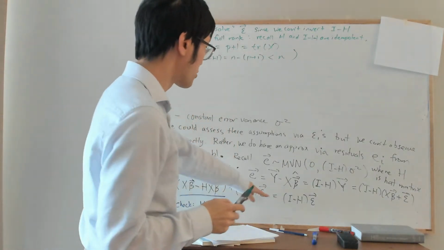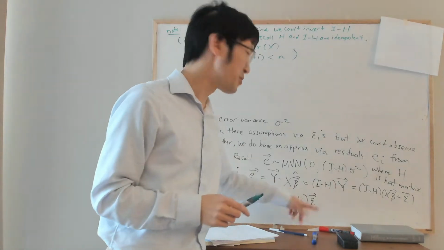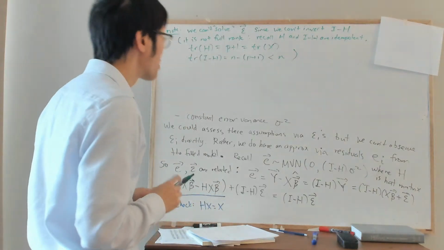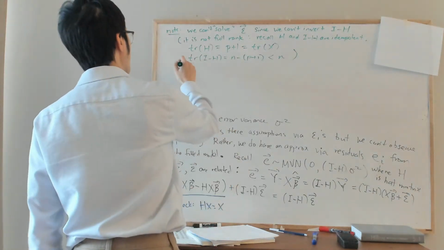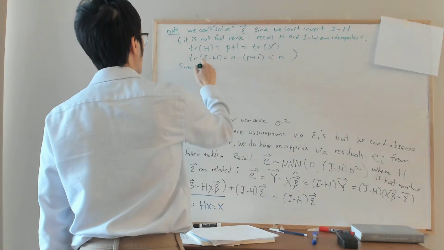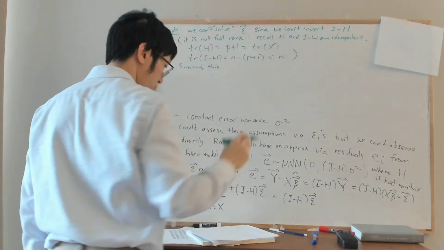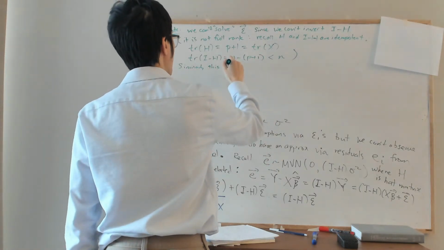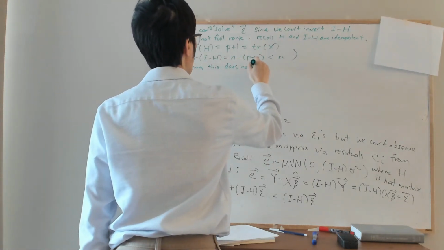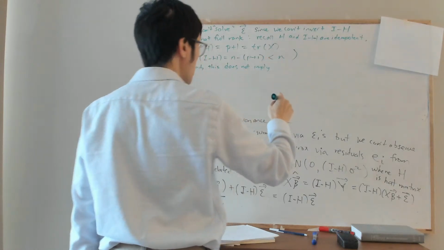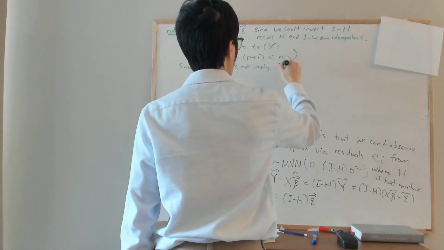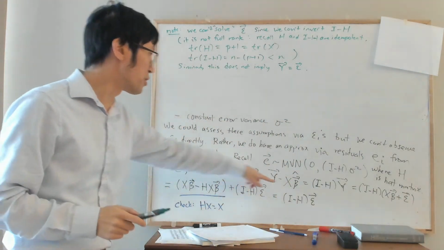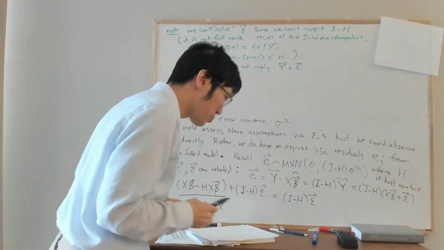That also explains why this doesn't imply that y equals epsilon. Similarly, this does not imply y equals epsilon, because of this property of I minus h.